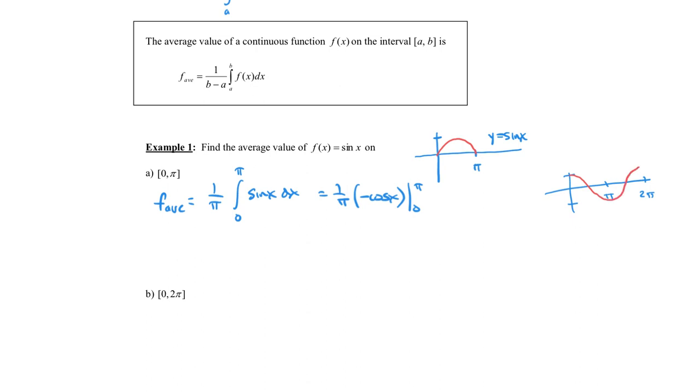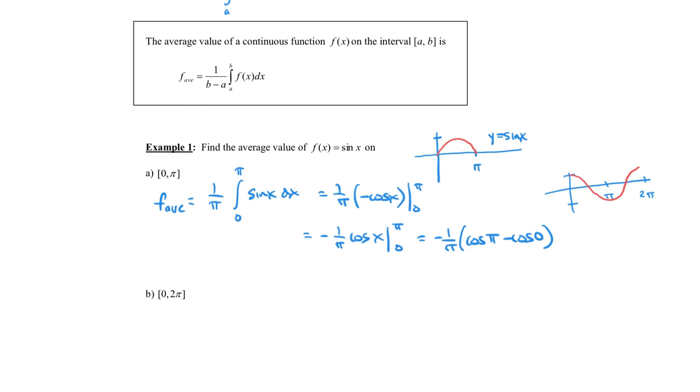With that in mind, when we plug in the endpoints, I'm going to bring the negative out front. Let me rewrite this, pi to 0. When we plug these in, we get negative 1 over pi times cosine of pi minus cosine of 0.